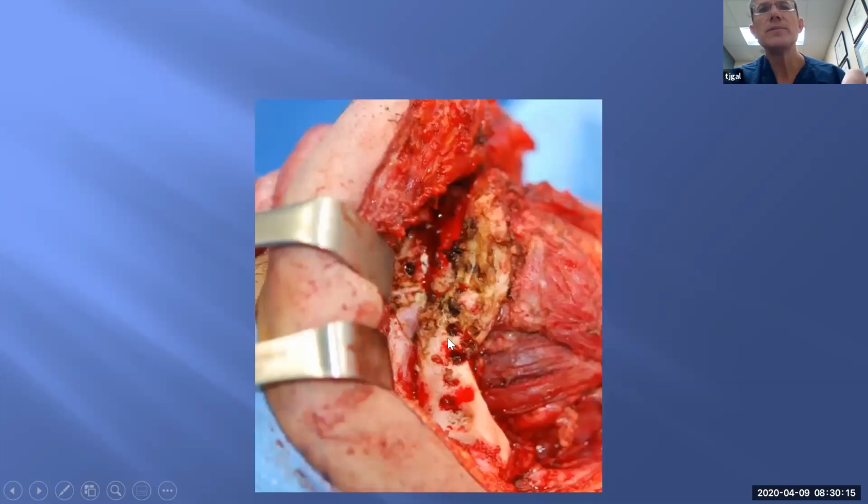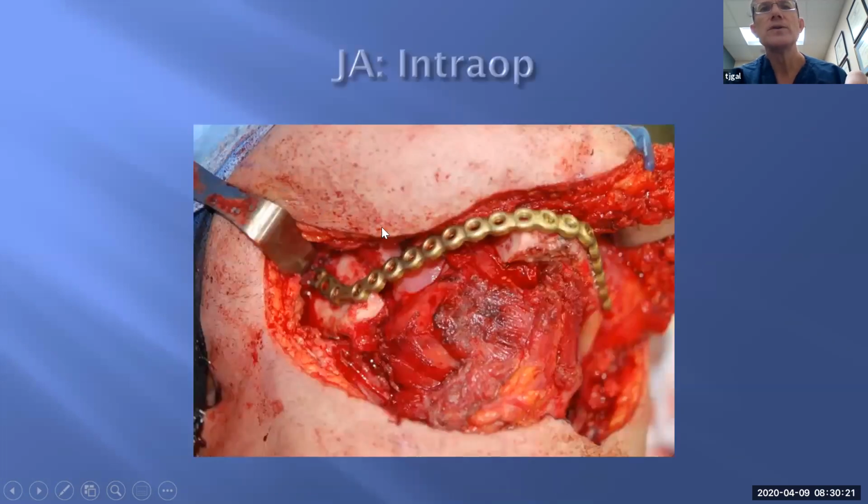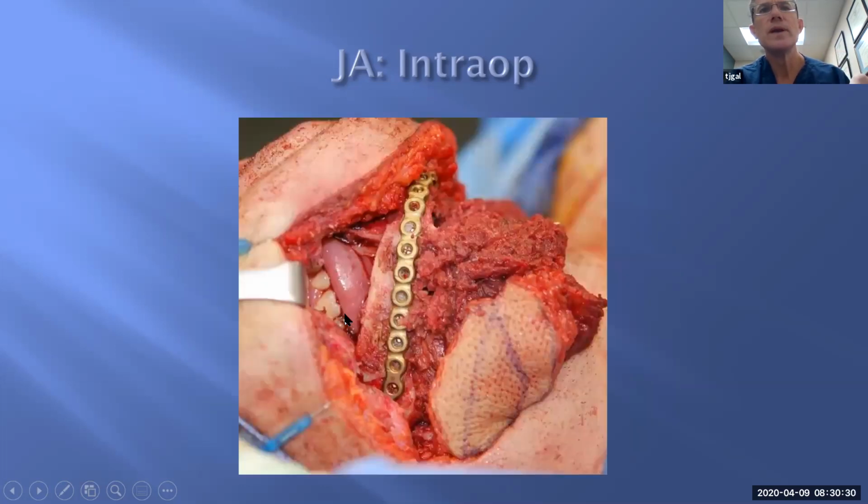Took the plate out. You can see that that's all non-viable bone. So we took out that whole segment, put a larger plate across that. There's your fibula. When you do this, you're going to wind up with a soft tissue defect across the inside.